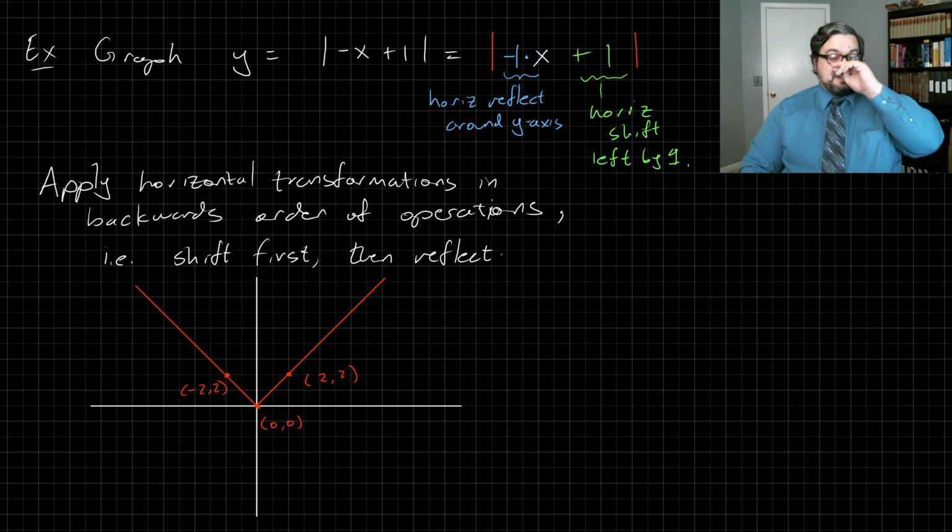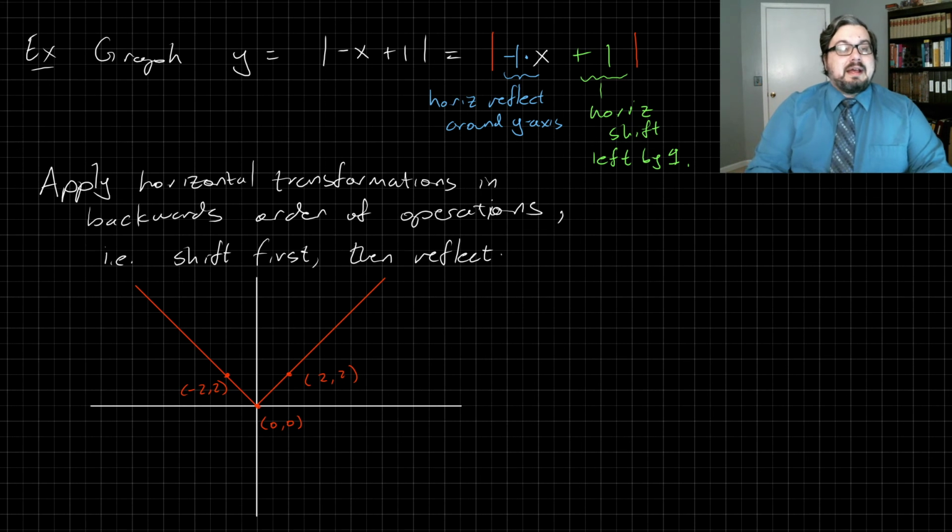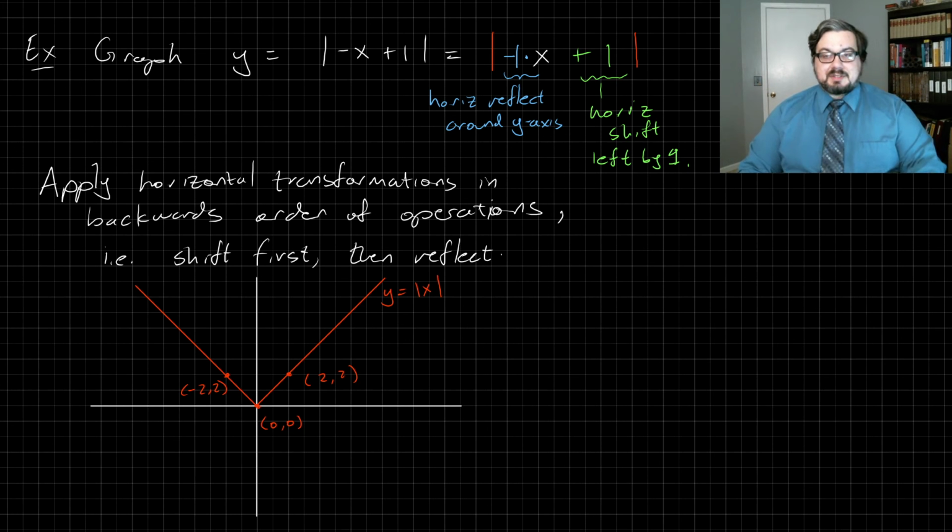So let's plot 3 points that we know are on the graph: 0, 0; 2, 2; and negative 2, 2. And this is the graph y equals the absolute value of x. The first thing that we're going to do, applying our transformations in reverse order of operations, is shift everything left by 1.